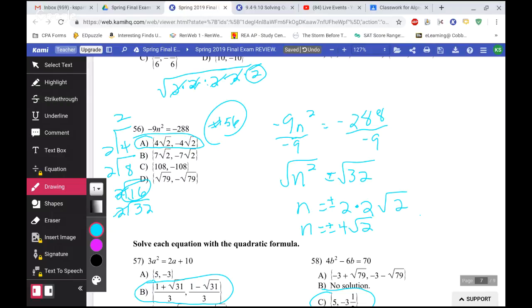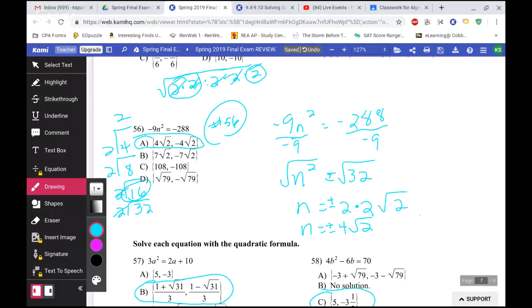Did you get that, Grayson? I understand part of it, but then near the end I got confused about where that 4 came from. Okay. You see this set of 2's underneath the radical. Yeah.